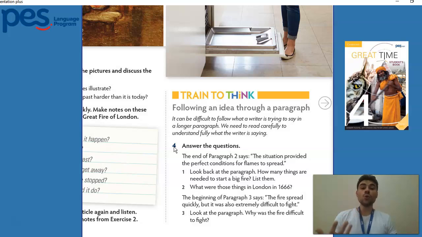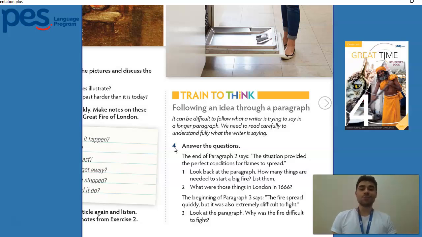To help you, try to read the paragraph and write down the answers you think are correct for each one of those questions. For those of you who have your books at home, you can underline the answers on the text. Is that okay? We'll be right back. So pause the video now and try to find the answers.